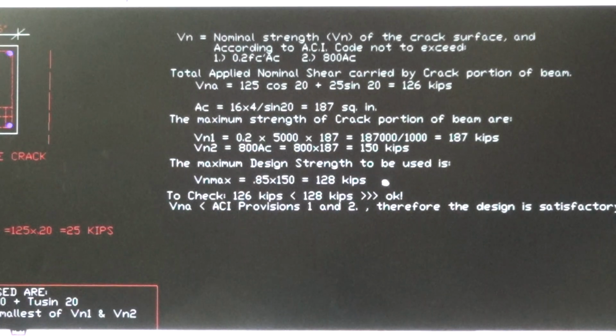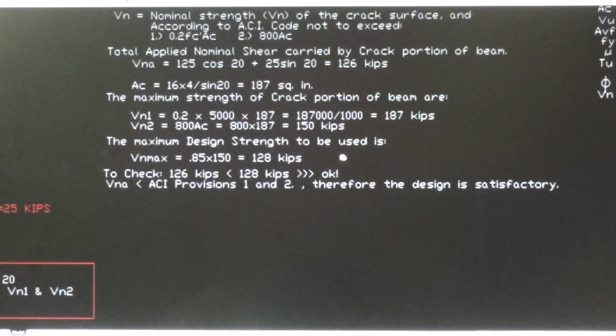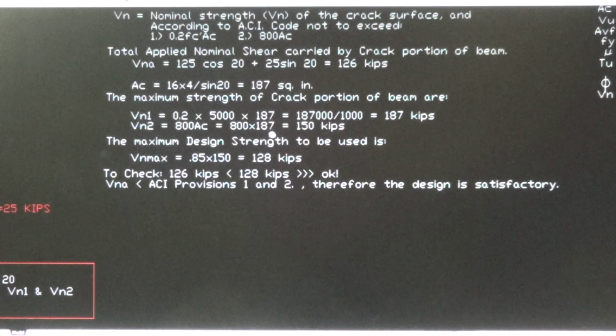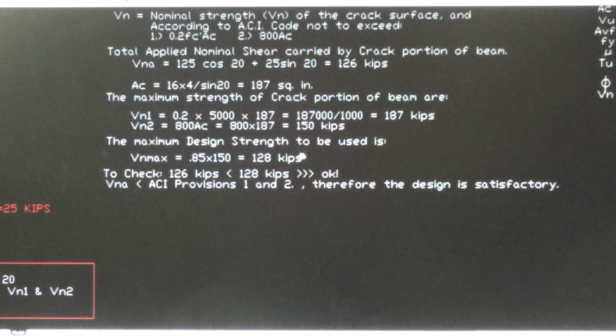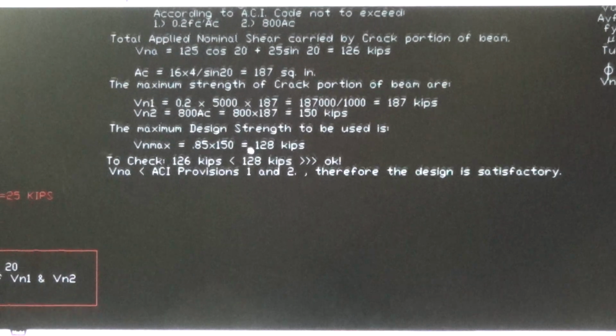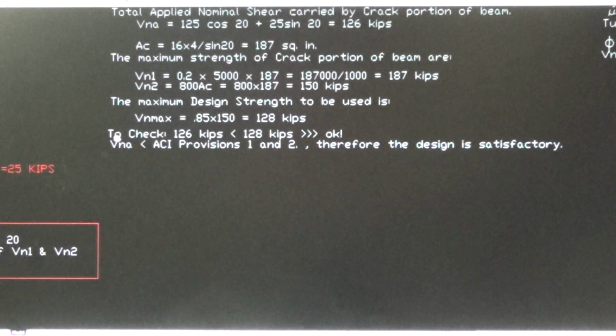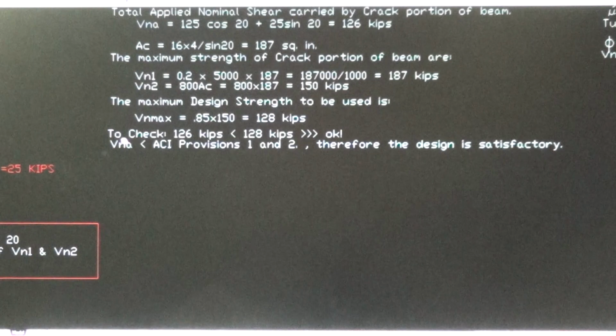Now according to the ACI code, the applied shear load should not exceed criteria number 1 or number 2, the maximum design strength of the crack portion of the beam. So the maximum strength of the crack portion of the beam is 128 kips.